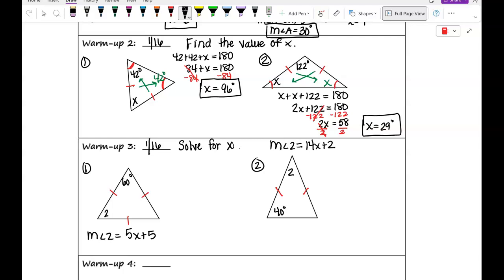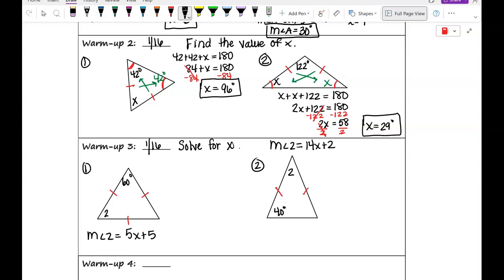Triangle number 1, now all of a sudden, all three sides are marked congruent. And we learned that that means it's an equilateral triangle. But we also learned, if it's equilateral, what else is it? If a triangle is equilateral, it is also equiangular.